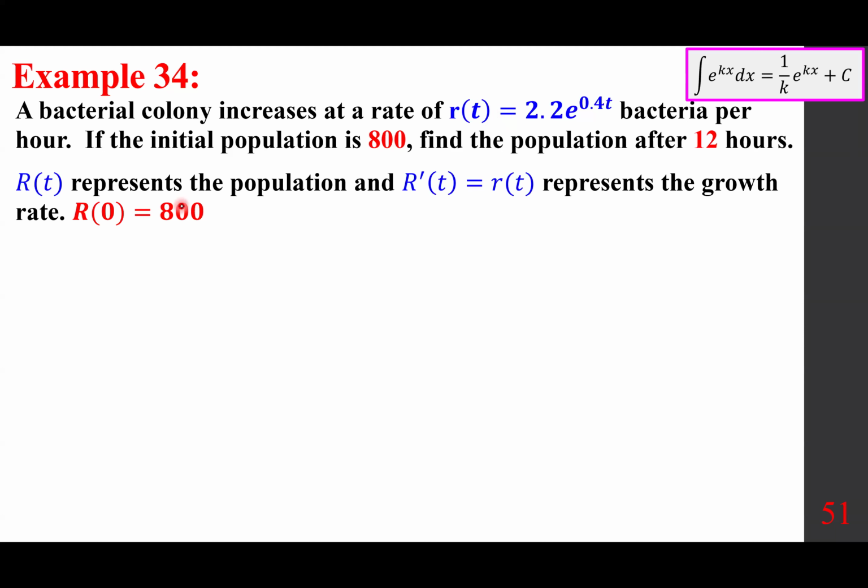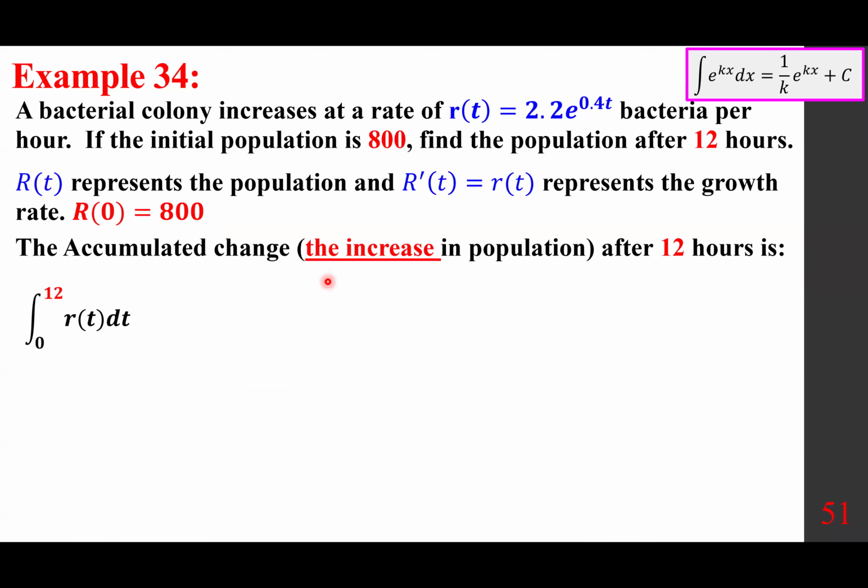If capital R of t represents the population and capital R prime equals lowercase r of t represents the growth rate, that's exactly what this means, the derivative function. We have the initial value R of 0 equals 800, and therefore the accumulated change, the amount of increase in population after 12 hours, is the integral from 0 to 12 of lowercase r of t dt.